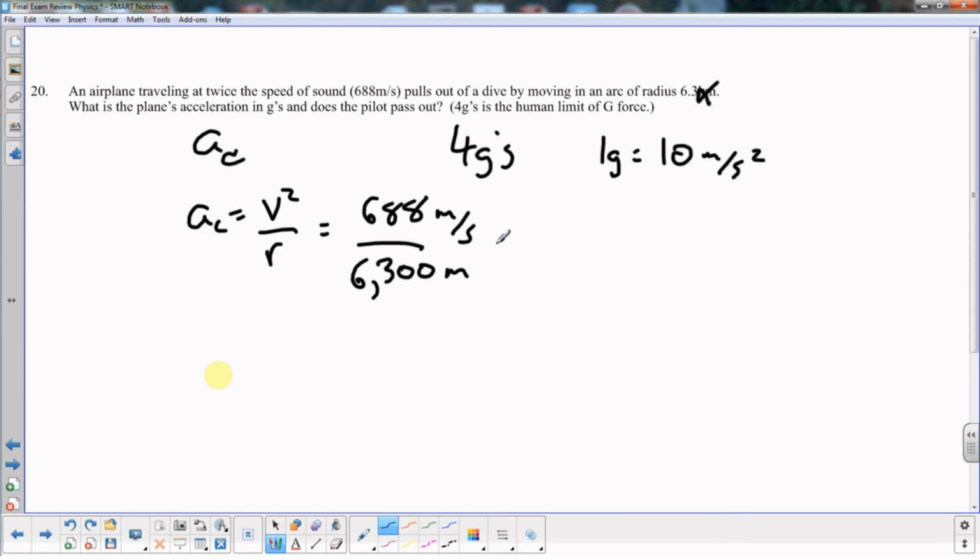So 688 divided by 6,300 is going to give us 0.109 meters per second squared.